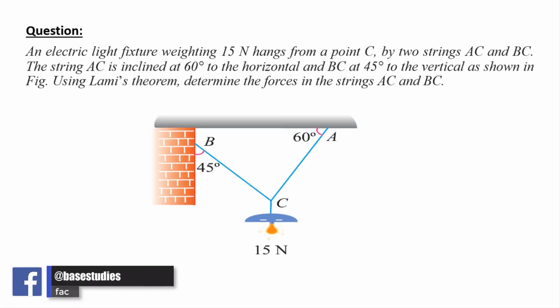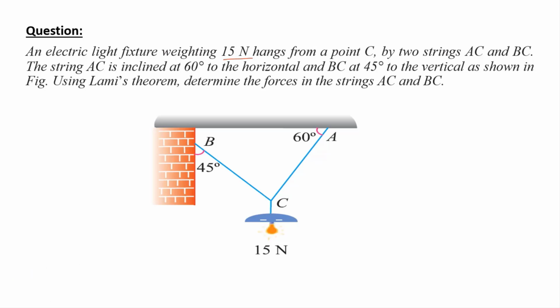An electric light fixture weighing 15 Newton hangs from a point C by two strings AC and BC. The string AC is inclined at 60 degree to the horizontal and BC at 45 degree to the vertical, as shown in the figure.